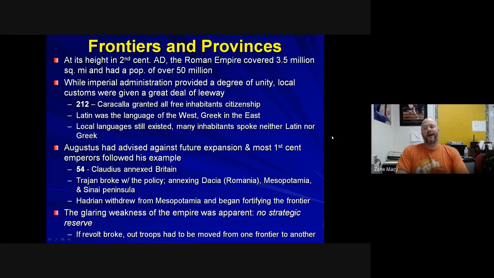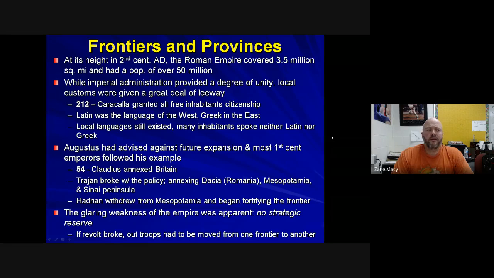Now, during the rule of Augustus, he had a policy. He was trying to, as he saw it, fix Rome. So in his eyes, the worst thing that could be done is to continue to expand Rome's borders and thus avoid the problems that he saw as bringing the Roman culture down.